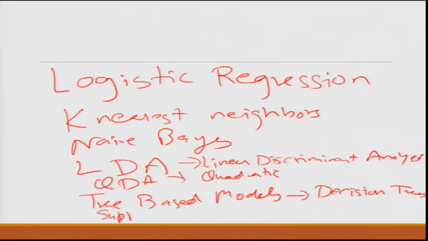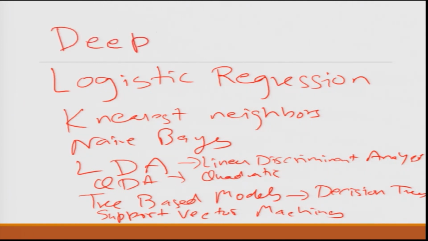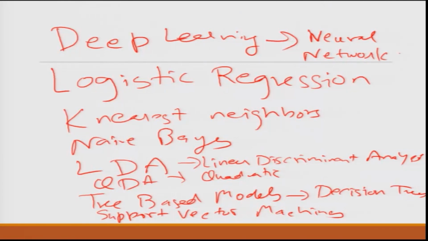Then you have support vector machines, and of course these days very popular deep learning, or nothing but neural networks.